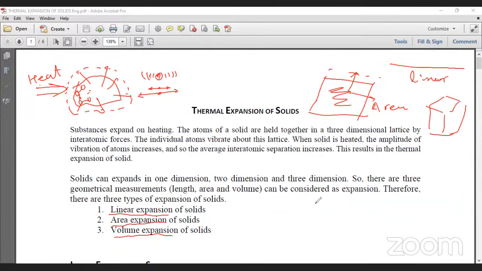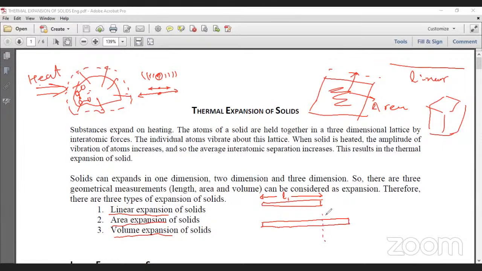Experimentally it shows that when you give heat to a wire or a similar object, let's say this is a uniform one of length L1, if given heat, this length will increase. That means it's a linear expansion.